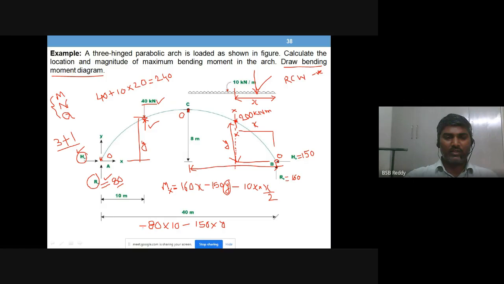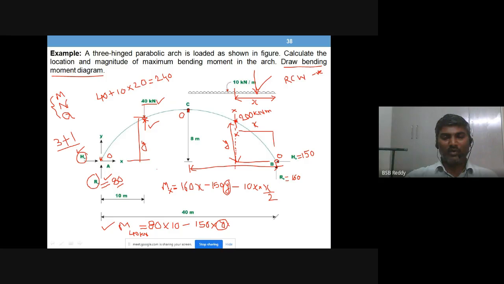So this is the bending moment under the 40 kilonewton load. Once you substitute for the y value, you are going to get this value.